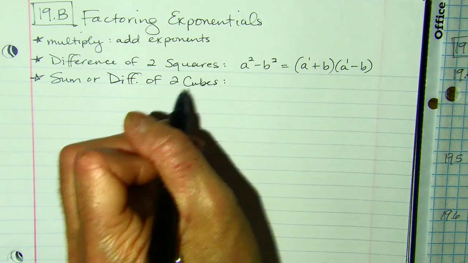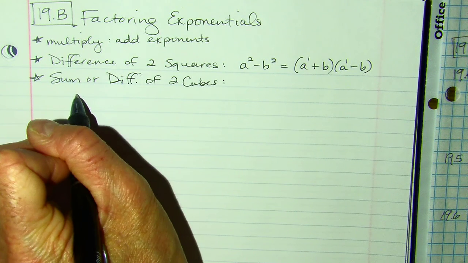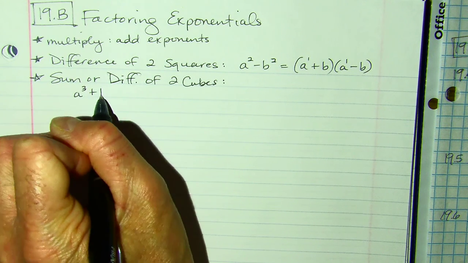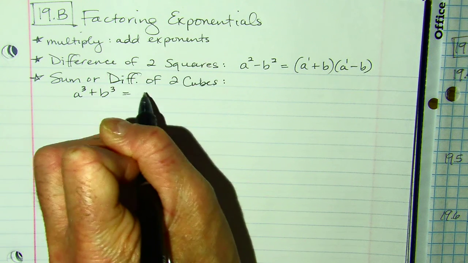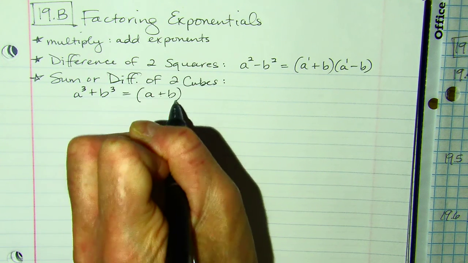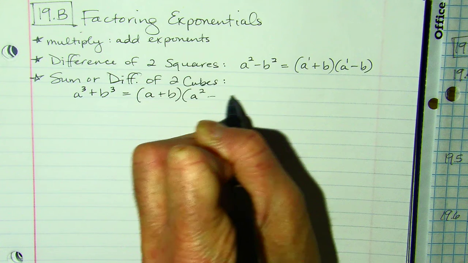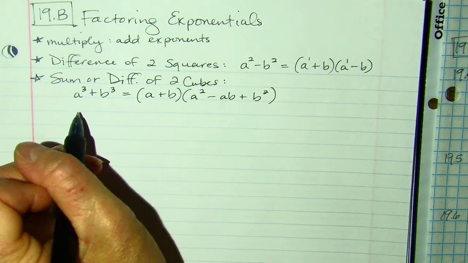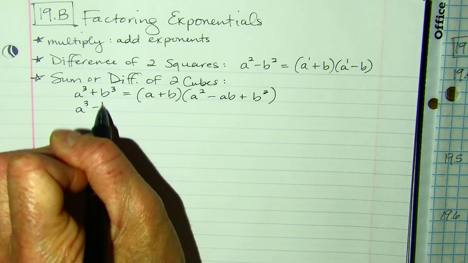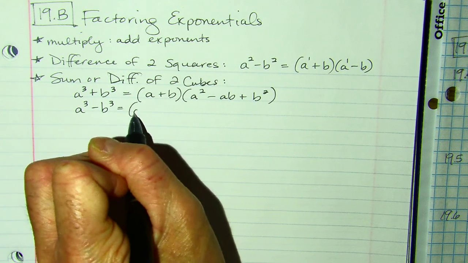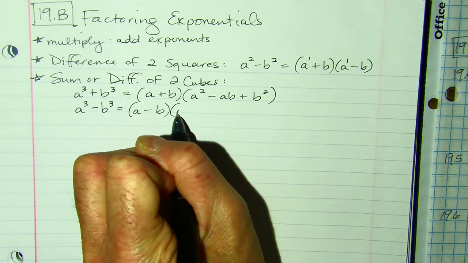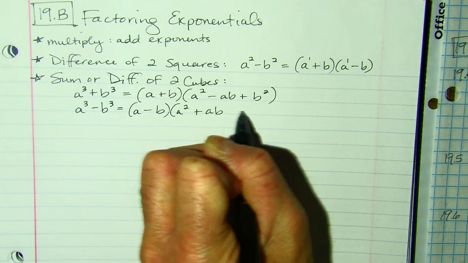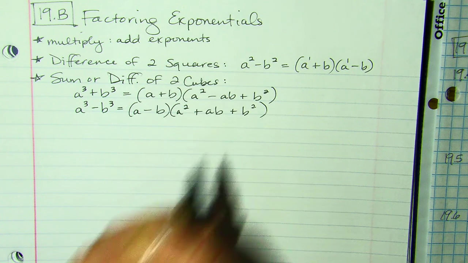And this one's a little bit harder, so a cubed plus b cubed equals a plus b, a squared minus a times b plus b squared. Difference of 2 cubes, again, this is all review from Algebra 2, would be a minus b, a squared plus a times b plus b squared.